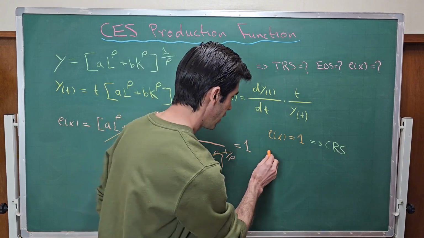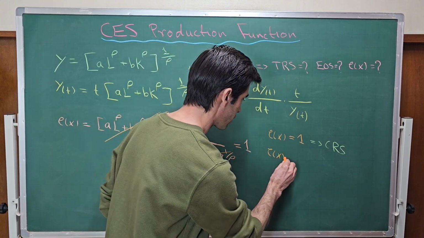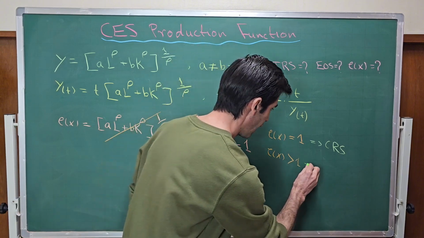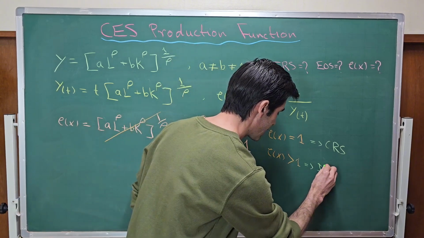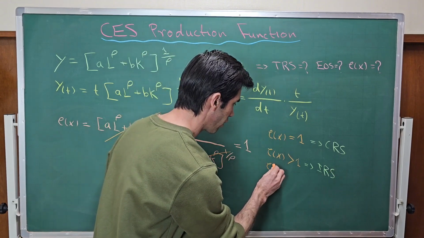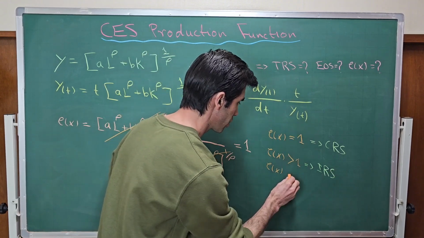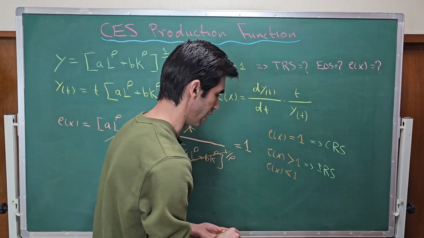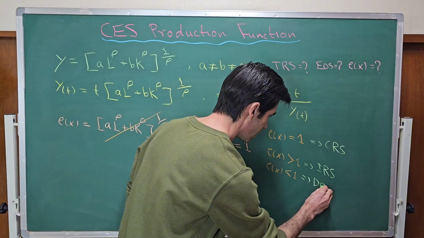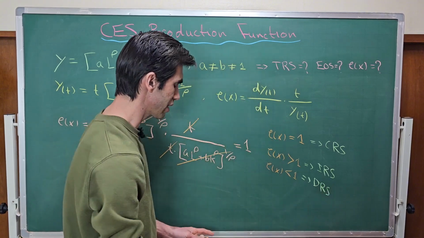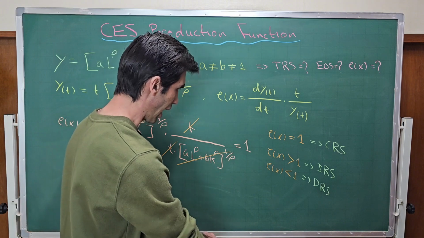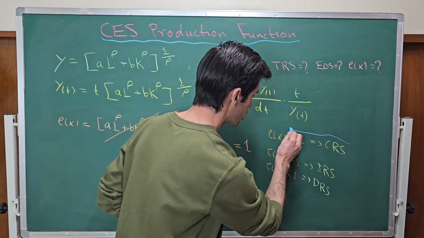If the value of elasticity of scale is greater than 1, then we have increasing return to scale. And when the value of Ex is less than 1, then we have decreasing return to scale. But in this case, as Ex is equal to 1, we have a constant return to scale production function.